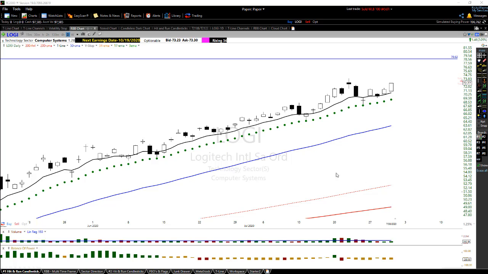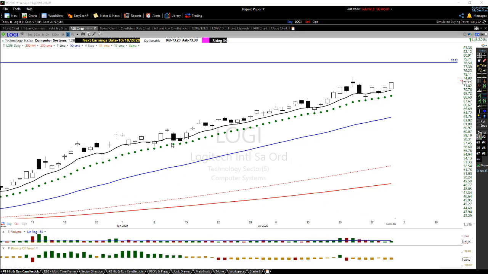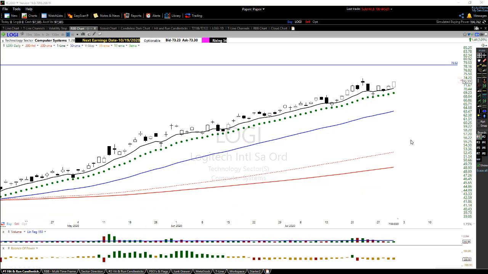LOGI, L-O-G-I, Logitech. Another one that's trending. The 50-day simple is up, dotted, the 200 simple. That's all trading to the upside. Nice little pullback.